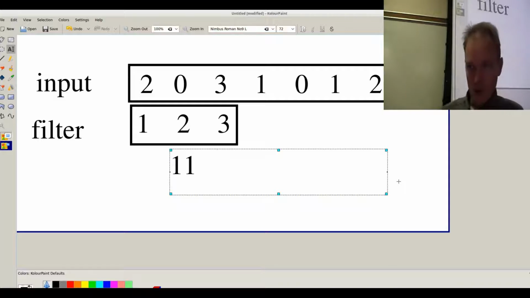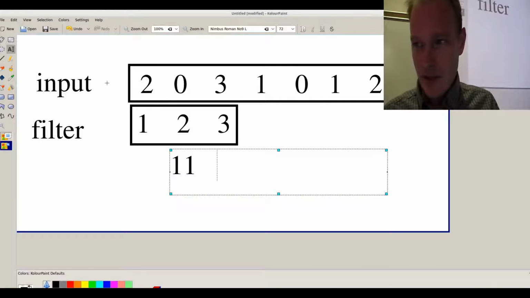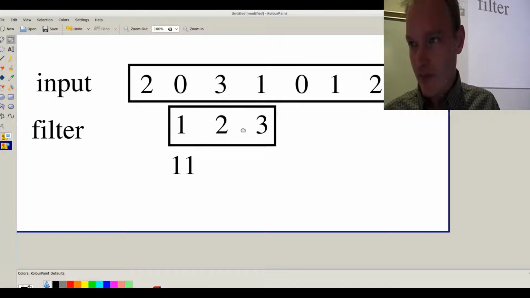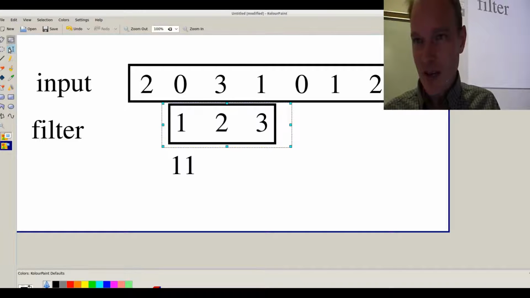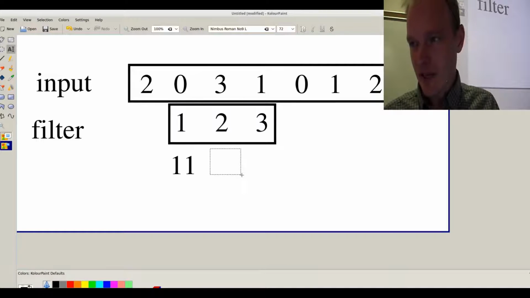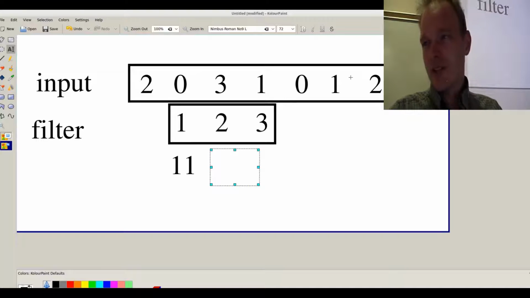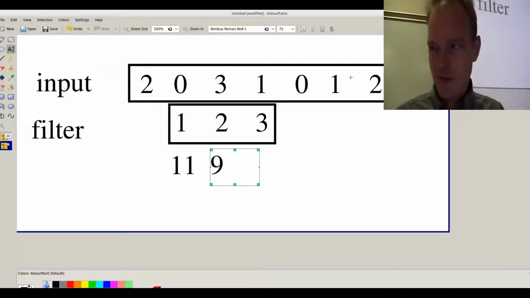Okay. So now to do the next part, I'm going to take my filter and slide it over a little bit. And basically, I'm going to always write my answer right here in the middle. And I get 0 times 1 is 0, plus 3 times 2 is 6, plus 3 times 1 is 3. 6 plus 3 is 9.